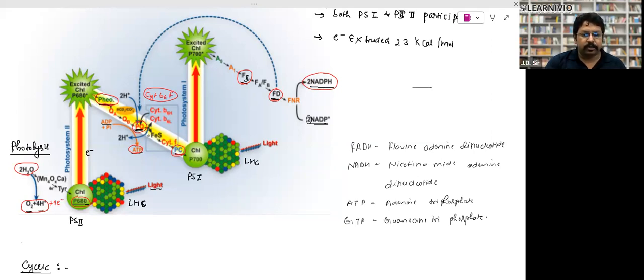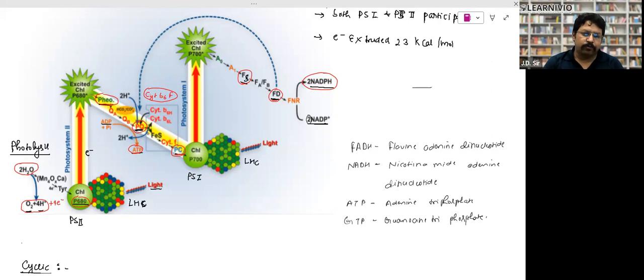From pheophytin, electrons reach plastoquinone. From plastoquinone, they reach cytochrome b6f. I have written it over here. When the electron passes through cytochrome b6f, formation of ATP takes place from ADP. And this is called photophosphorylation. So formation of ATP takes place.